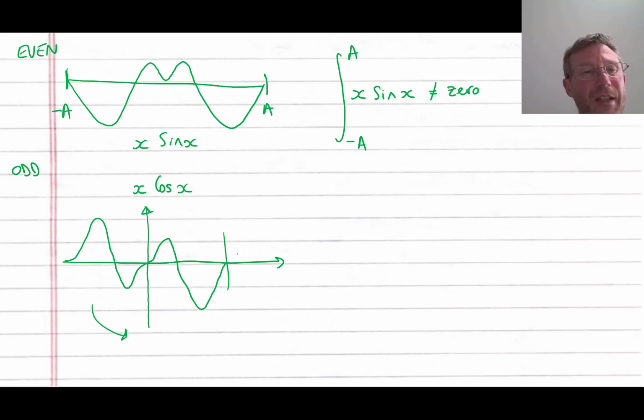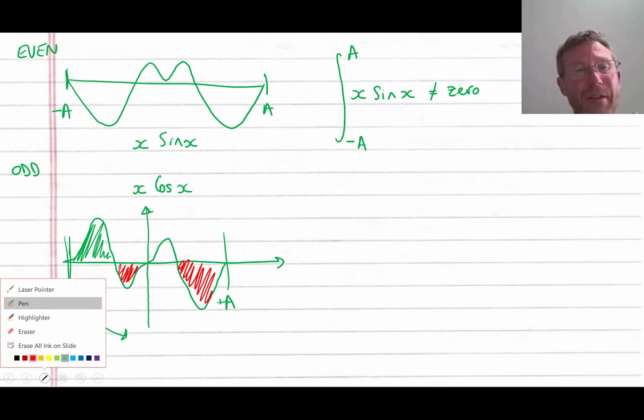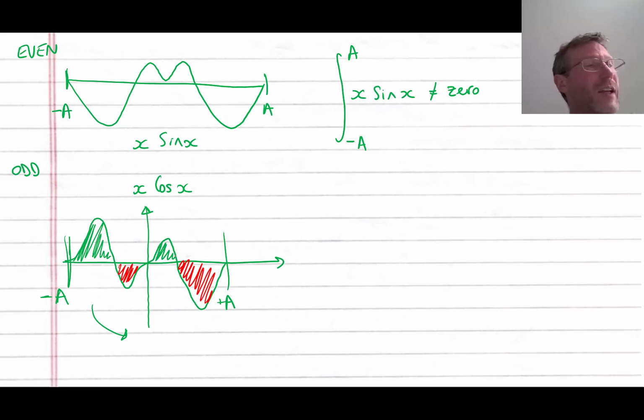Let's take these limits again as minus a on the left and plus a on the right. If we start summing up over these values, because of the symmetry that we see, this region here is going to cancel out this shaded area here, and this negative shaded area here is going to cancel out with this shaded area in here.